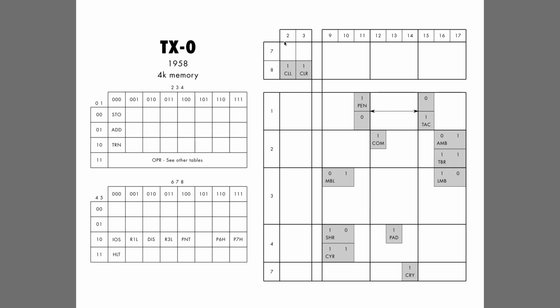If we set bit 2 in an operate instruction, that will clear the left half of the accumulator at time pulse 8 of cycle 0. If instead we set bit 3, that will clear the right half of the accumulator. If instead we set bit 12, that will complement the accumulator.